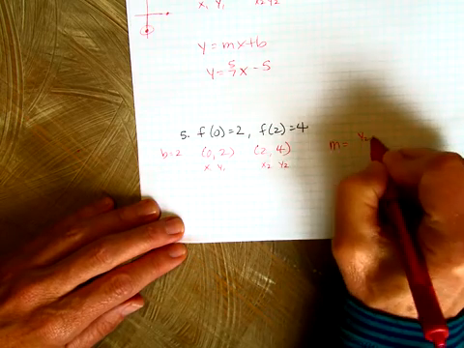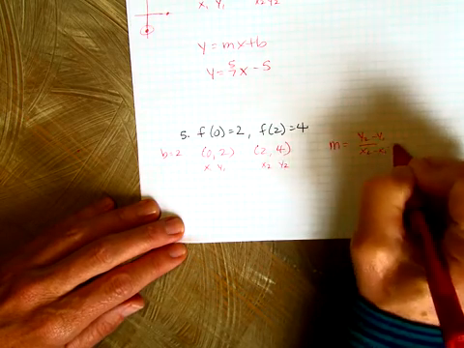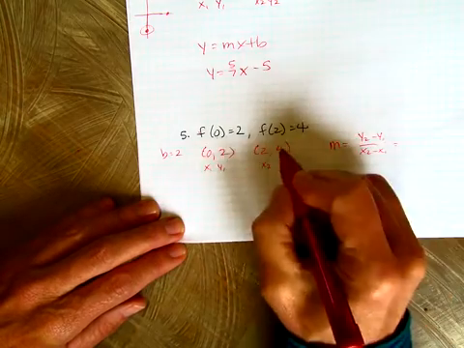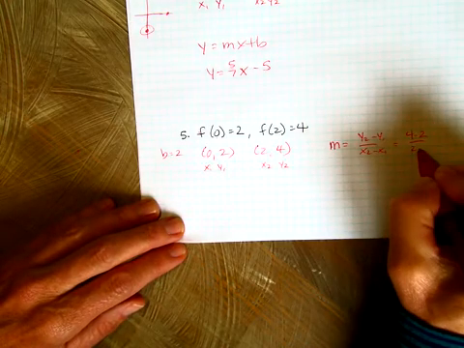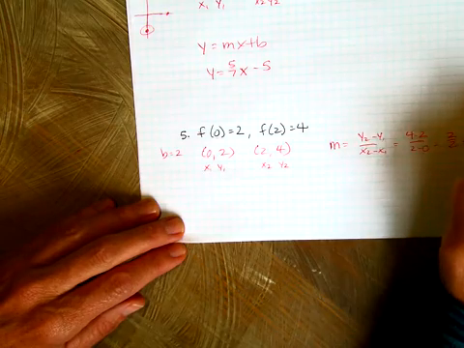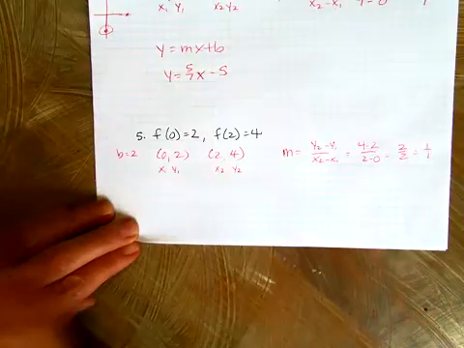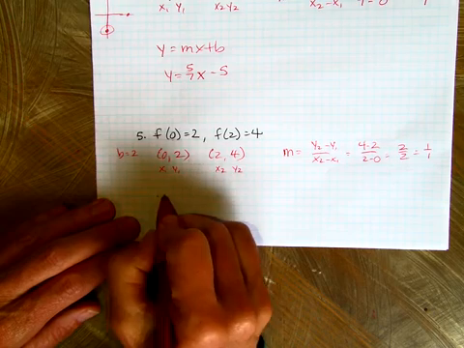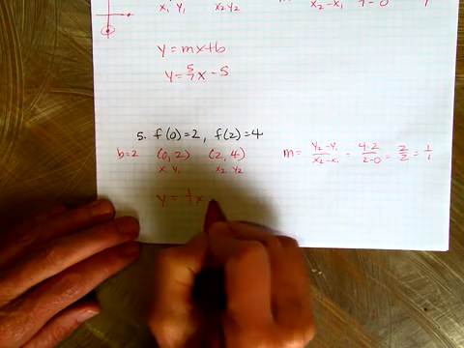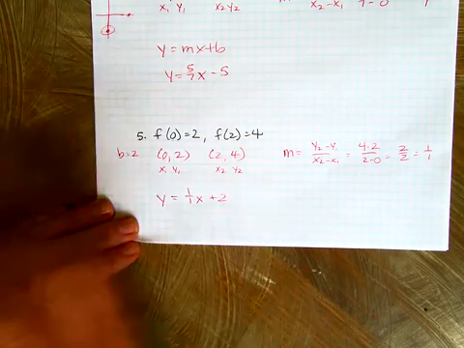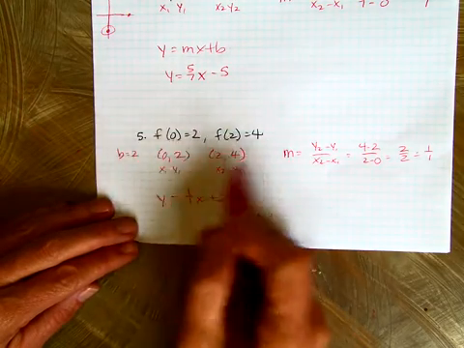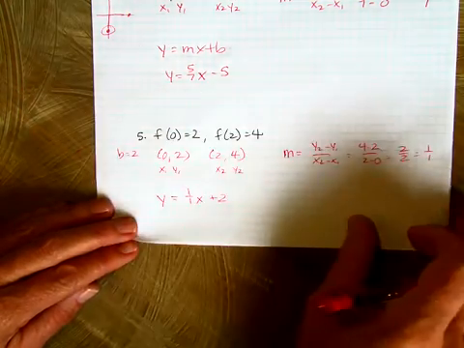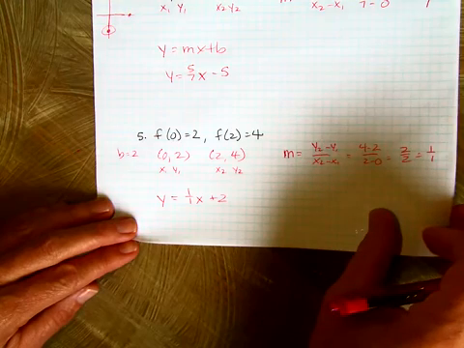So my slope is, if you write it over and over, you won't forget it, 4 minus 2 over 2 minus 0, which is 2 over 2, which is 1, which is 1 over 1. So y equals 1x plus 2. There's my b. So function notation isn't any different, just make sure you write the points down.